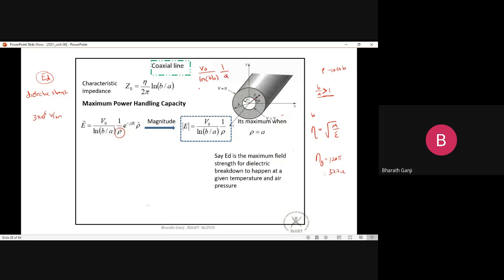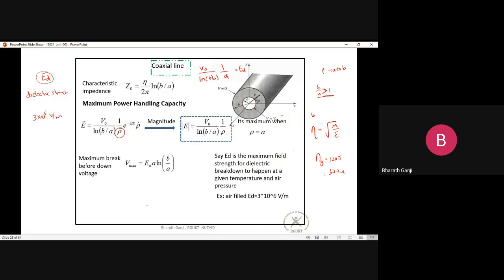So I can see that when this factor becomes exactly equal to the dielectric strength I'm talking about, if it is exactly this maximum electric field equal to the dielectric strength, then that is the place where the breakdown happens. V naught is what we are calling the voltage between the lines.